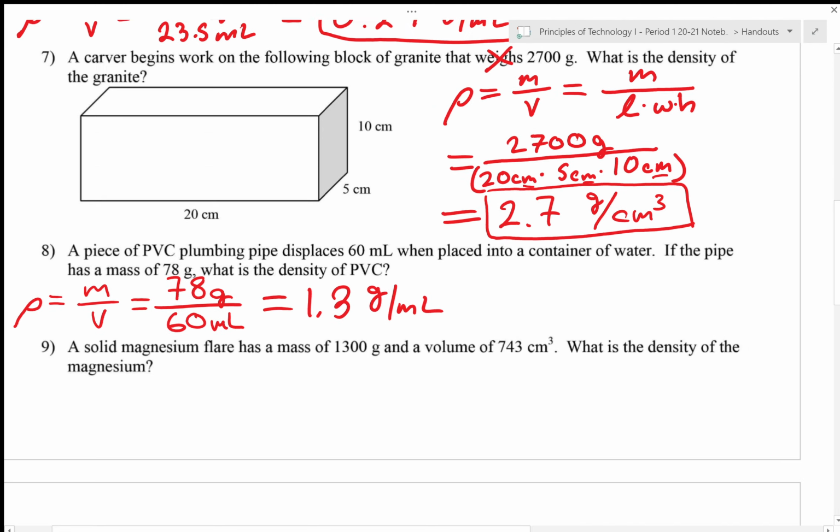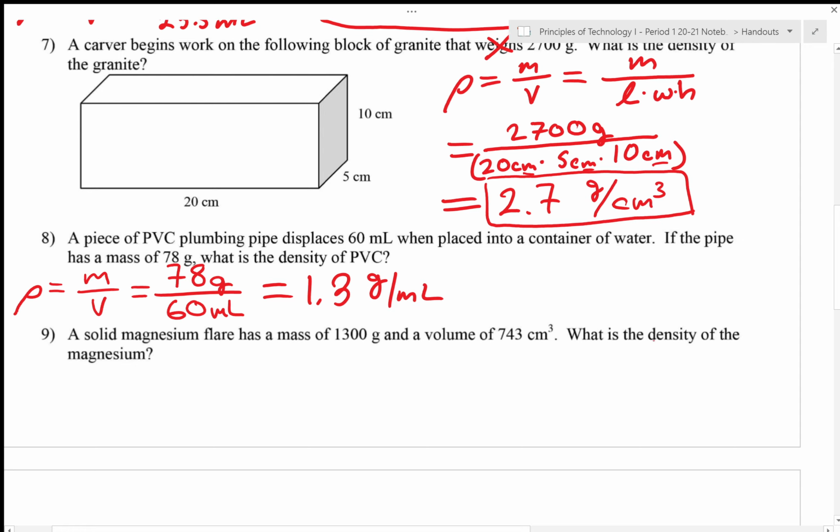And for the last problem on the page, we're finding the density of magnesium, particularly magnesium flare, using density is equal to mass divided by volume. Our mass is 1,300 grams, and the volume that we're using is 743 cubic centimeters.